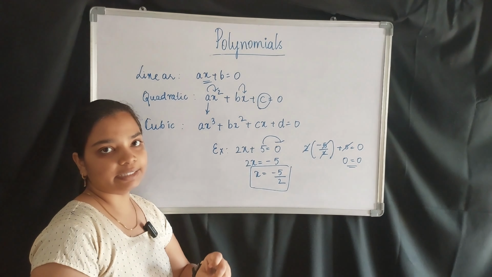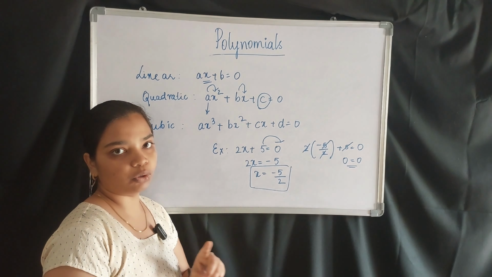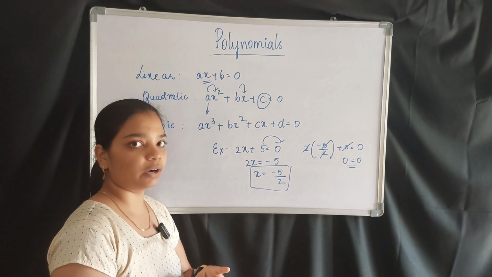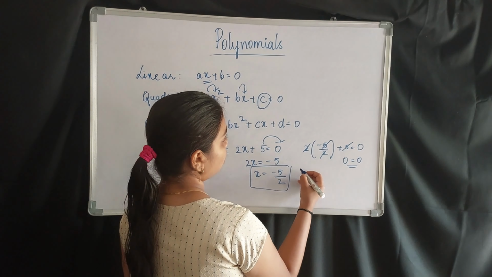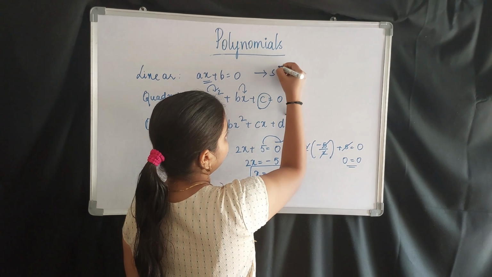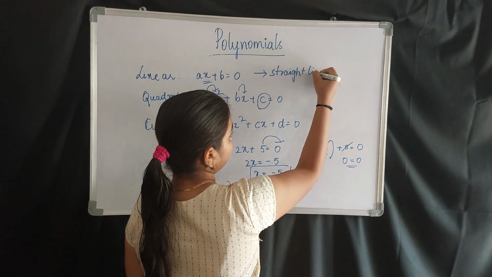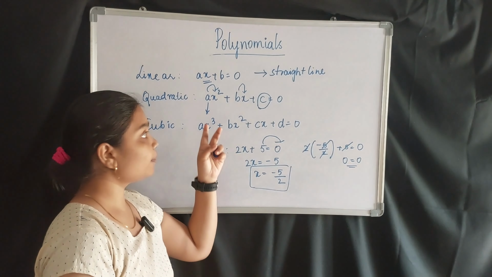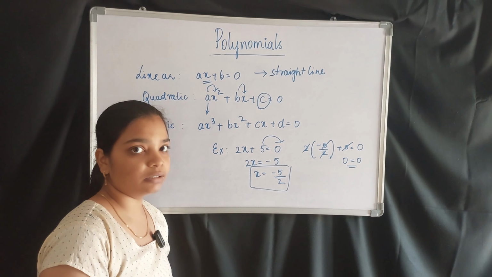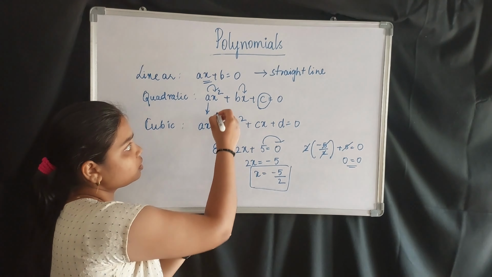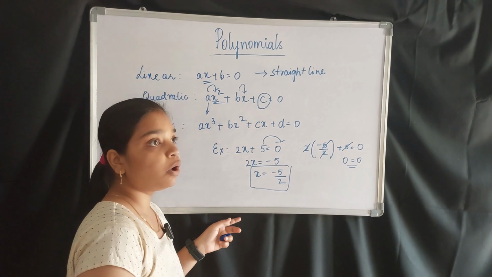Now since it's a linear equation, it will have only one solution, one value for x, and if you draw a graph for this, it will always be a straight line. If I talk about quadratic equation, there will be two solutions because the degree is 2.